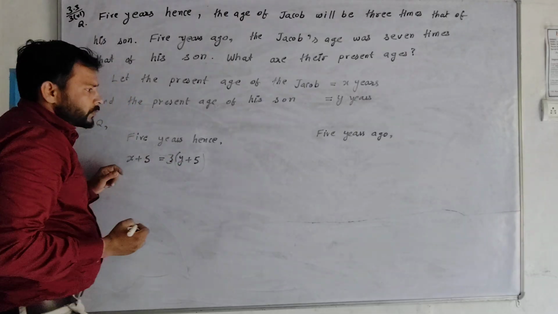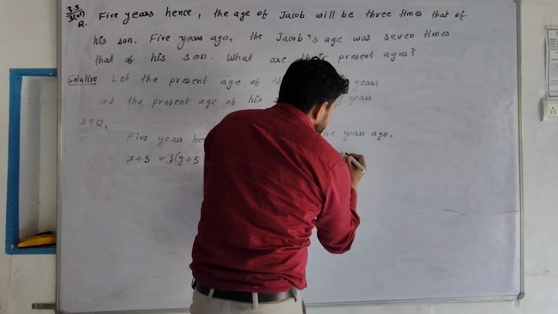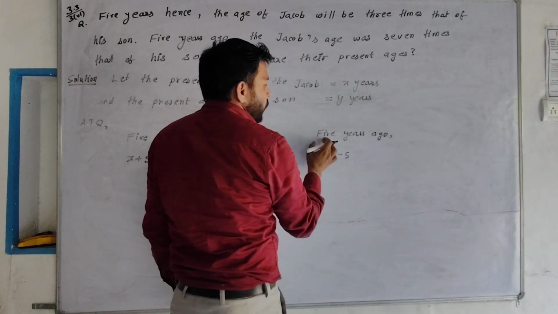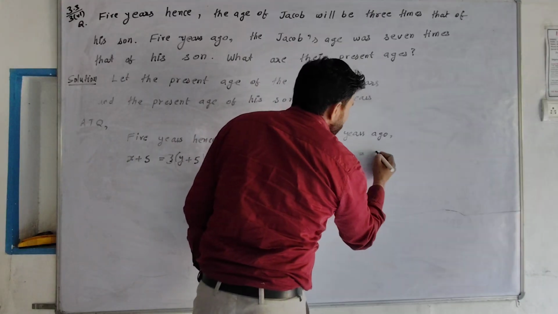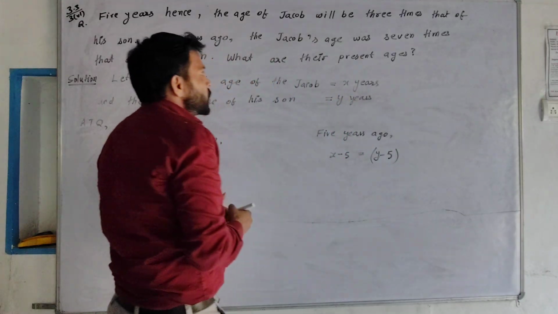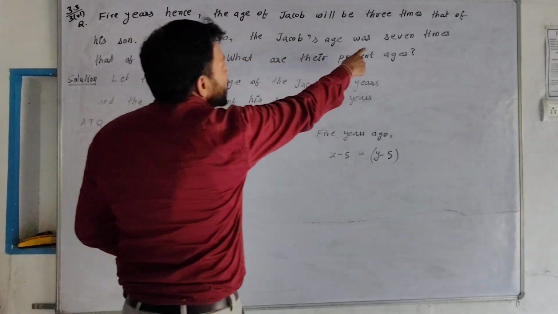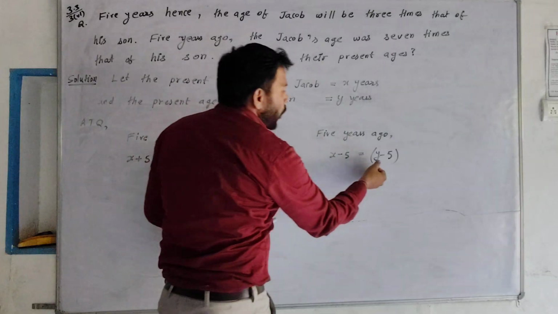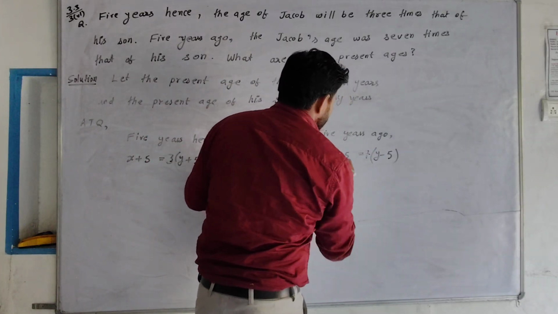In this situation, x minus 5 because 5 years ago, y minus 5. Then the question is that 5 years ago the Jacob age was 7 times, here Jacob age is the 7 times, so we multiply 7.